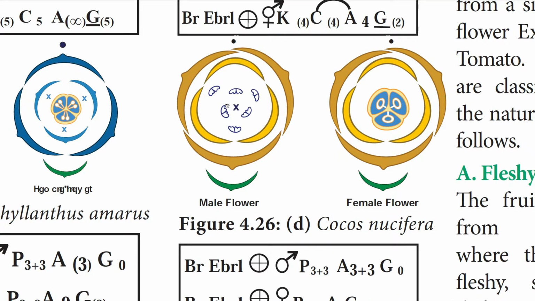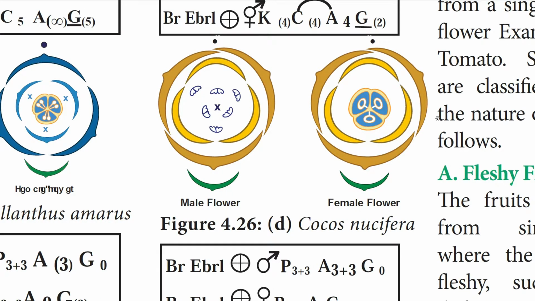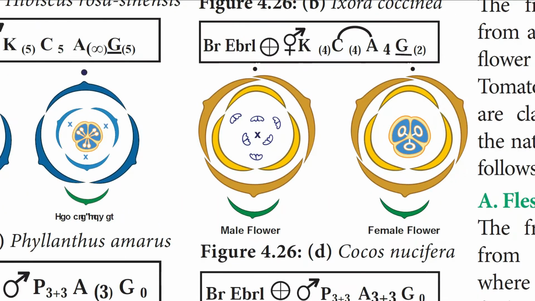Here also it has unisexual flowers, male and female flowers. This dot represents the mother axis. In Cocos nucifera also there are no distinct petals and sepals. They are called tepals. The outer whorl is in imbricate aestivation and the inner whorl is in valvate aestivation. Similarly, the same is present in the female flower also.